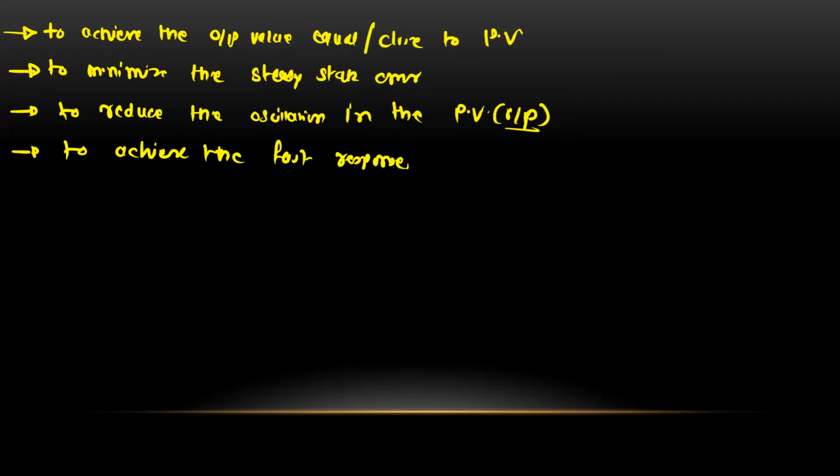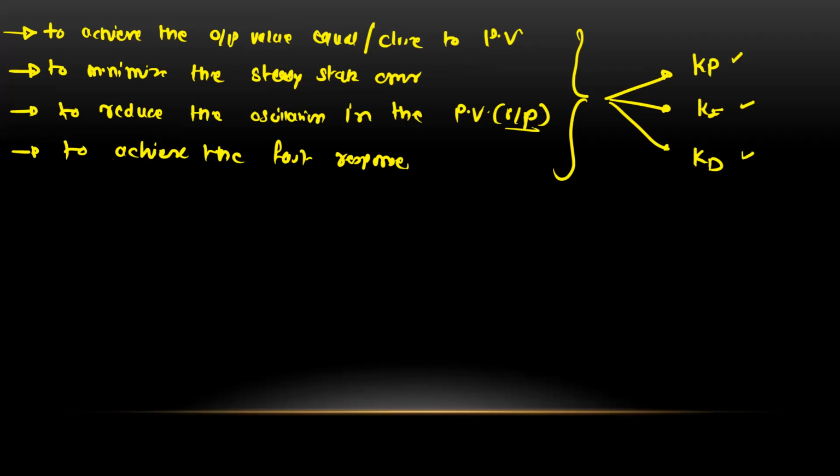Okay, so all these actions, they depend on the constant that we set in the PID controller. So it depends on the Kp value, then Ki value, and the Kd value. Okay, so in this experiment we have to observe the effect of the variation in the Kp, variation in the Ki value, and variation in the Kd value.